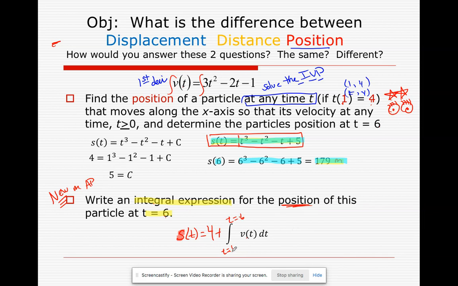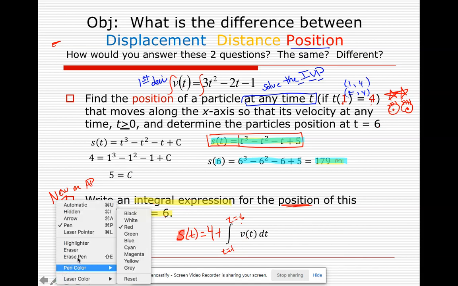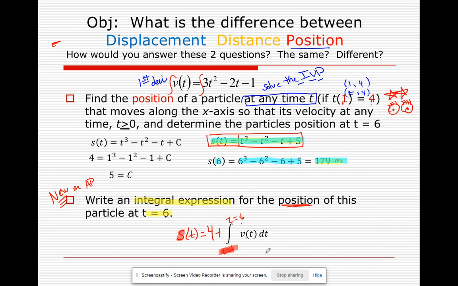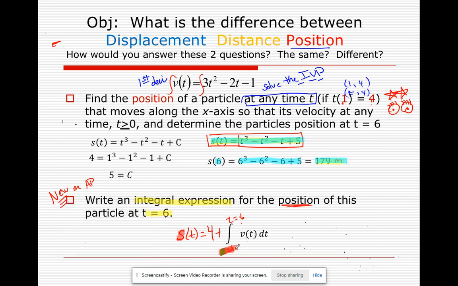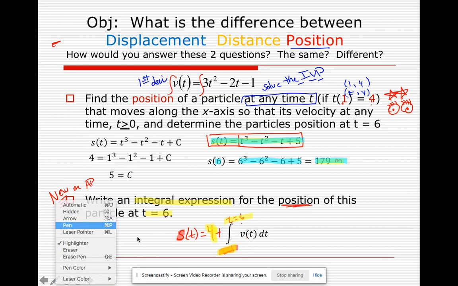So here's my displacement from 1 to 6, but this time I know at the initial condition, at 1, I was already at position 4, and then go to 6. Crazy. Now, this is only one possible answer, but it is the fastest.